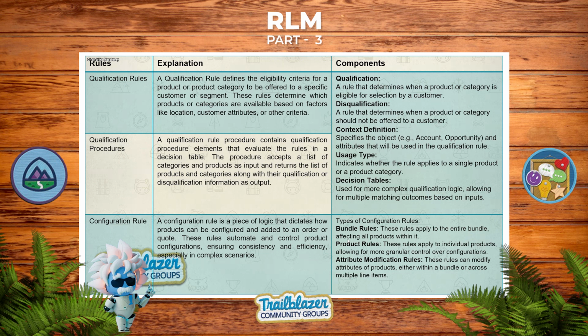So we can say that a product is only available for customers in a specific region, or the product is only eligible for accounts with a certain credit limit. So we can define some rules, and on that basis we can show the product to the customer.